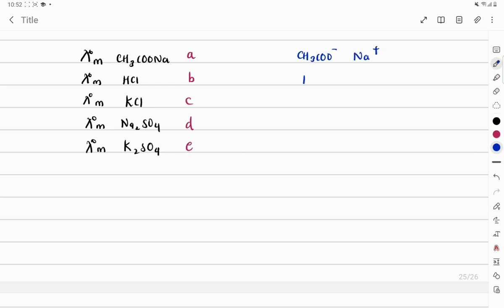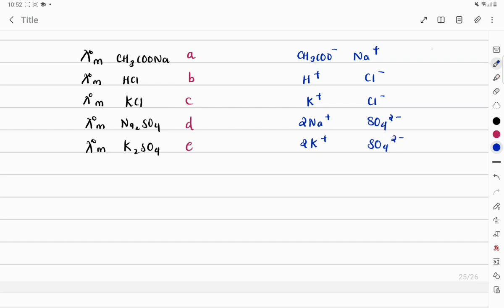Here it will be H plus, Cl minus, K plus, Cl minus, 2Na plus. The number of every atom should definitely be represented as the stoichiometric coefficient. So Na2 will be dissociating into 2Na plus, SO4 2 minus, and K2SO4 will be 2K plus and again SO4 2 minus.